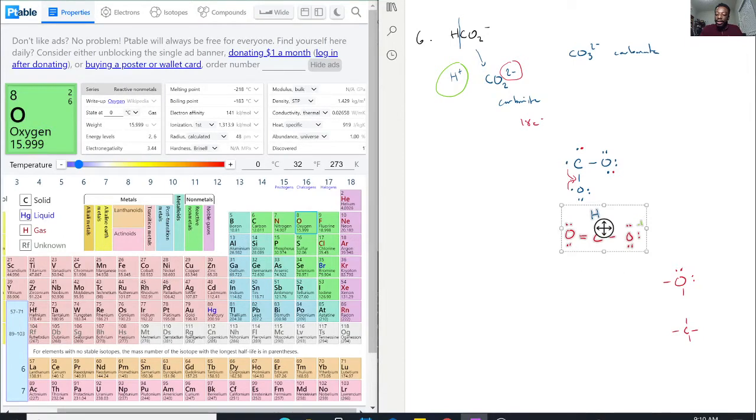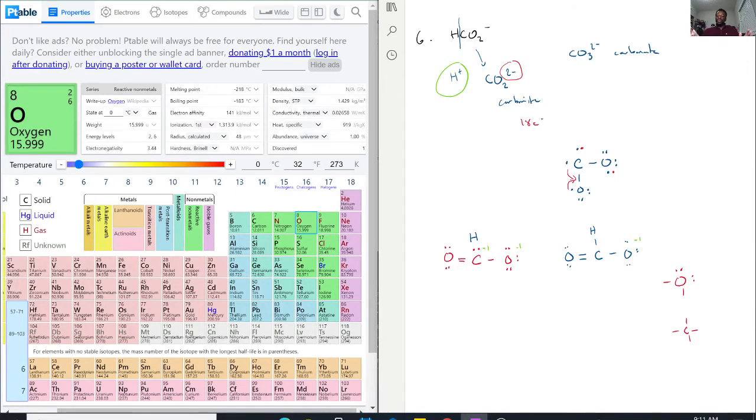And if we were to now redraw it, we would have oxygen with still the double bond with the carbon, carbon now bonded to the hydrogen, and this oxygen here still has a formal charge of -1, which makes sense because HCO2 minus is an anion and has a net charge of -1, which is where it's on the oxygen.